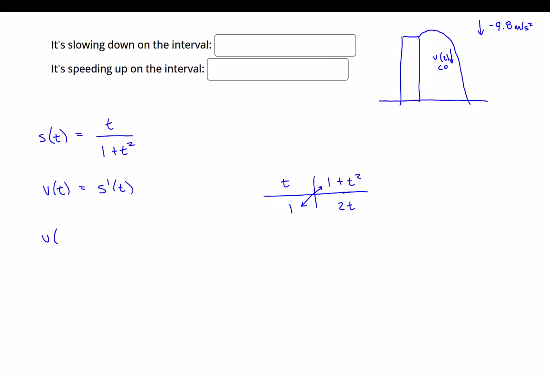So anyway, the velocity function here would be 1 times 1 plus t squared minus 2t times t, so that would be 2t squared, all over the original denominator squared. So it looks like then I have a velocity function which is going to be 1 minus t squared all over 1 plus t squared, quantity squared.